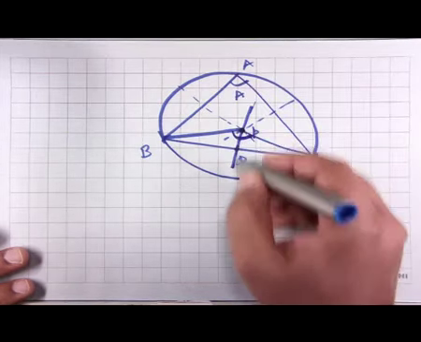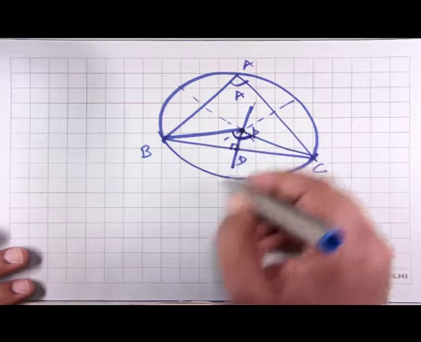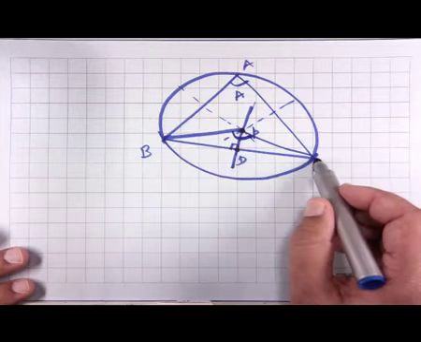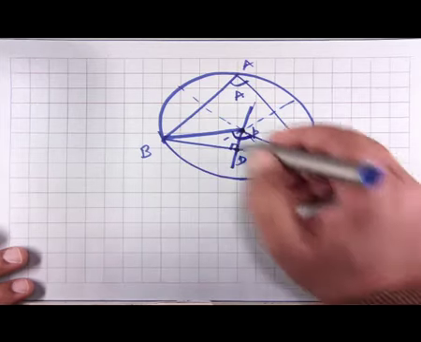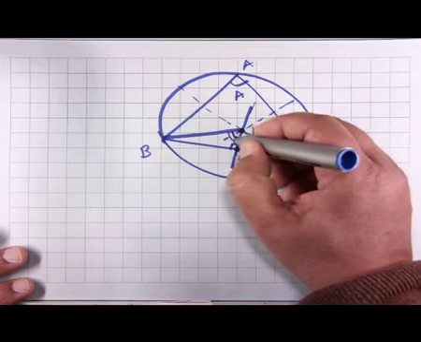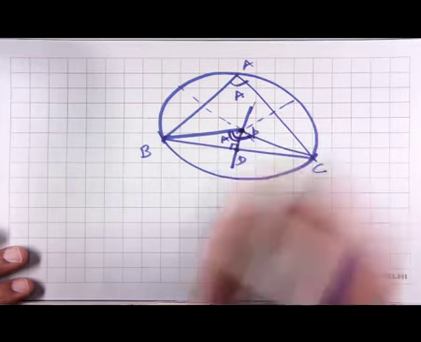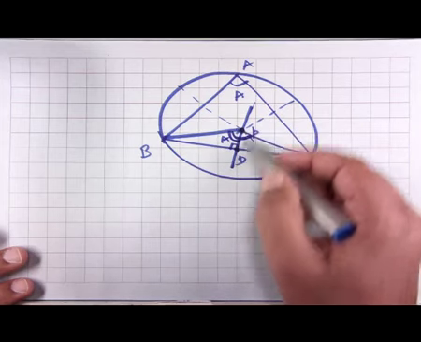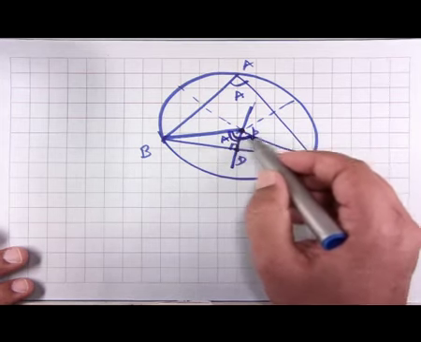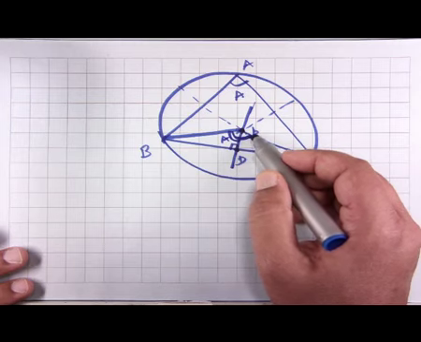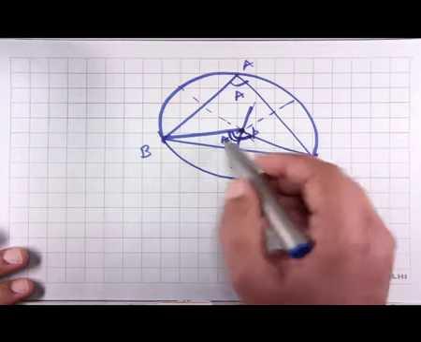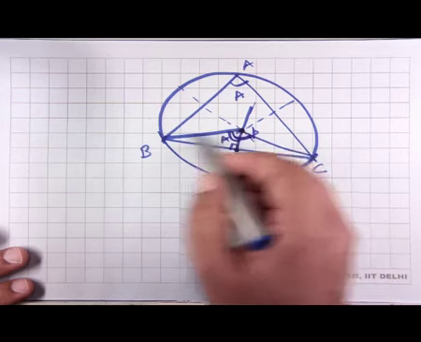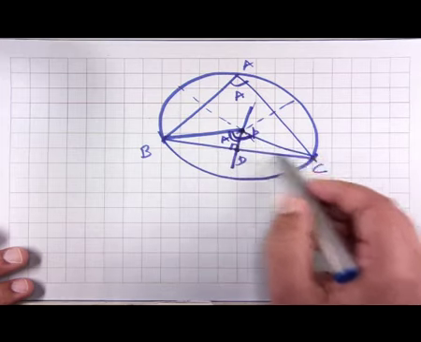And then further, because this is 90 degrees and this point D is the midpoint of BC, it is not very tough to show that this particular angle here is in fact A, because this perpendicular bisector is also going to bisect this angle. One can show it by showing the congruency between this triangle and this triangle.